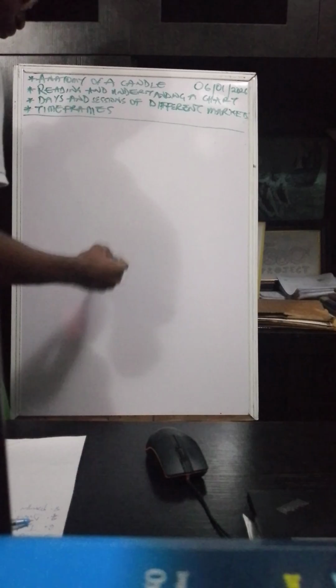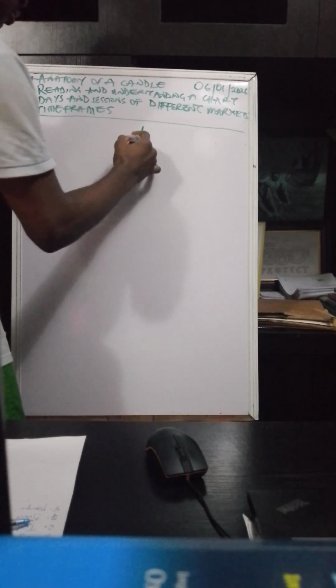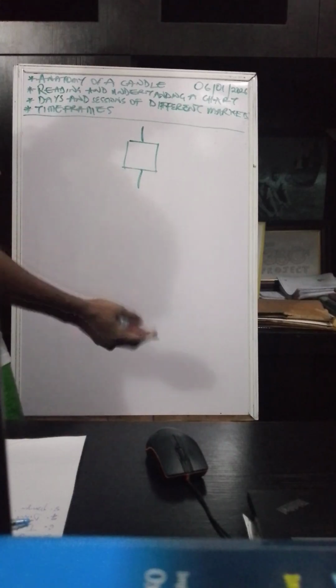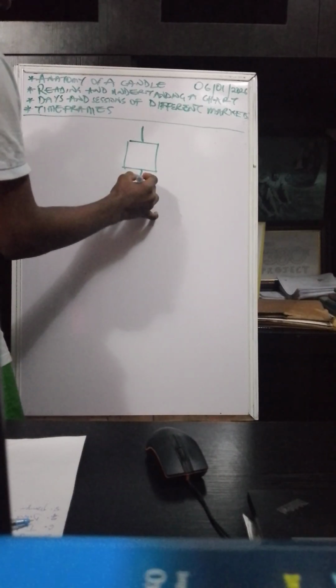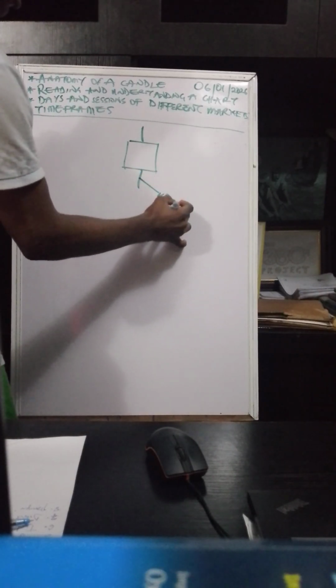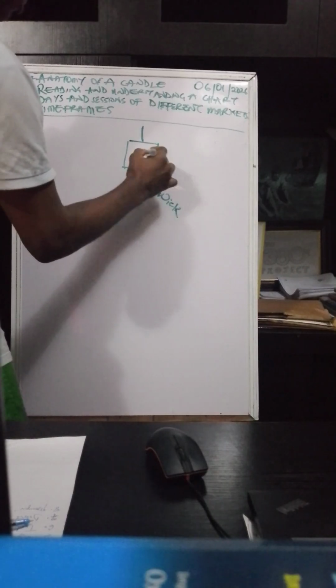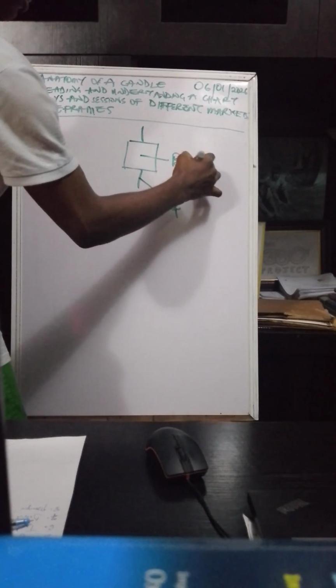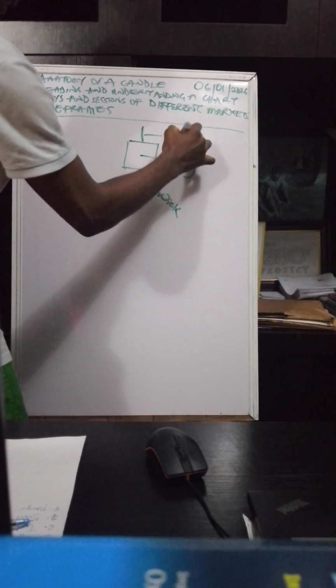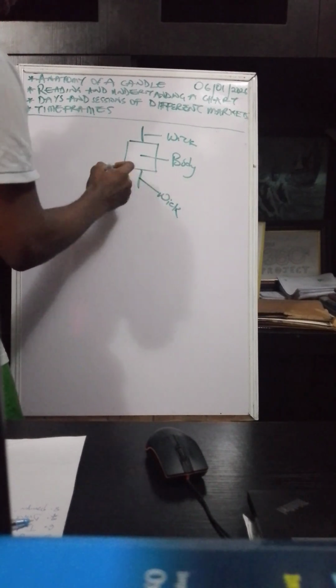As you remember, we had a price candle looking like this, and we call this the wick, we call this the body, and this is the other wick.